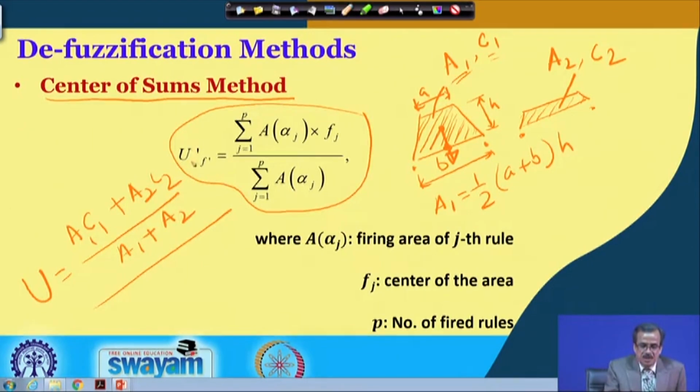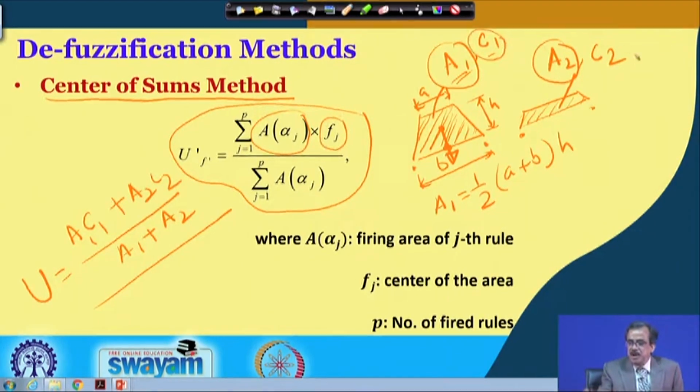It indicates the crisp value, U prime, is nothing but the summation j equals 1 to p of A alpha j multiplied by f j, divided by the summation j equals 1 to p of A alpha j. Now, this A alpha j indicates your A1 and A2, and this f j indicates your C1 and C2. So, using this expression, you can find out the crisp output.